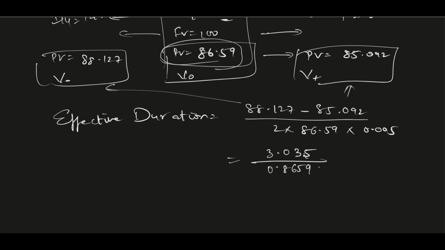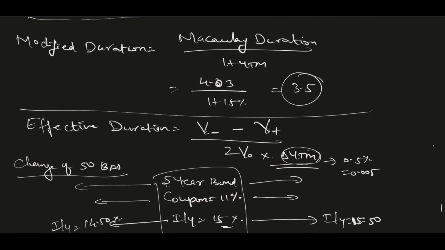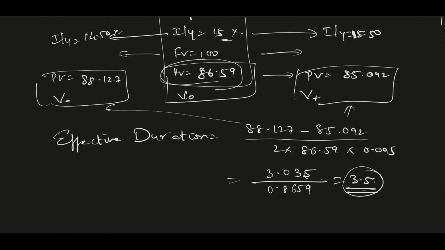So when I calculate, I will get this as 3.5, which matches with modified duration. Yeah, so that is effective duration.